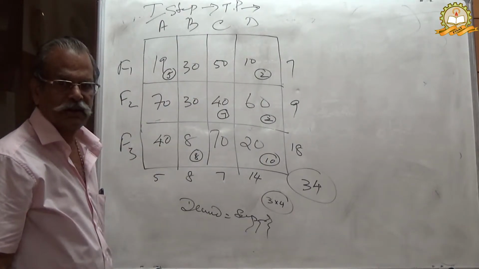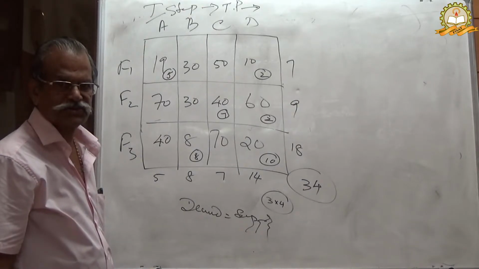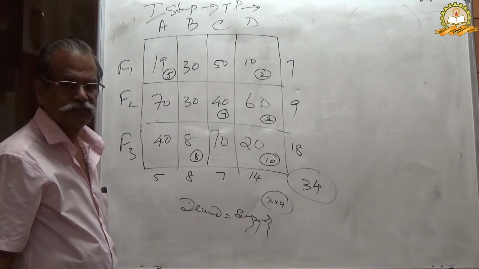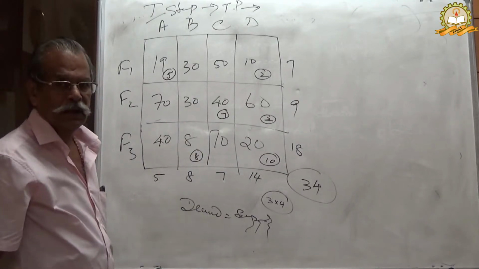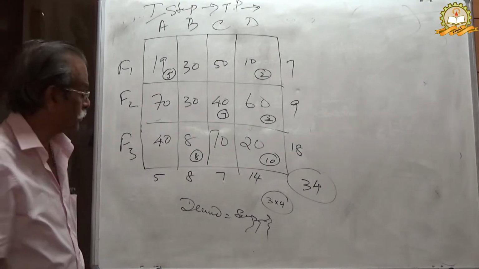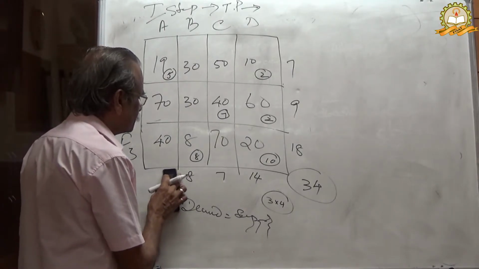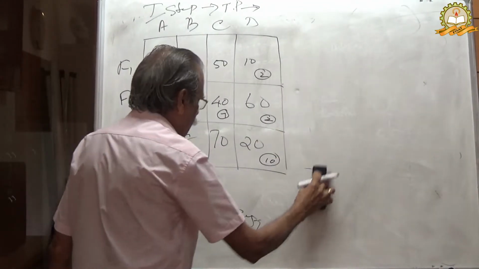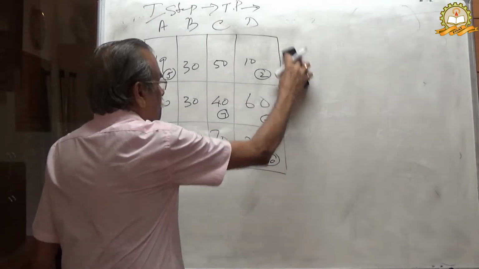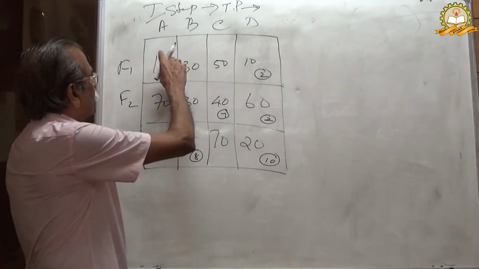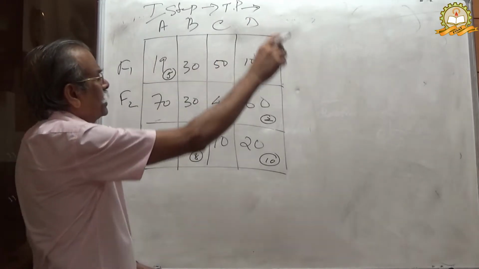You can write the allocation and you have the solution, applying WARM.